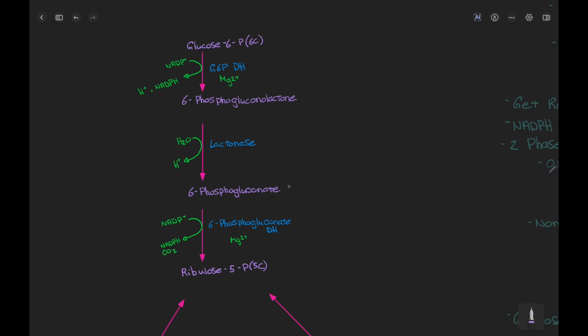To prevent any confusion, some textbooks will say that this is the end of phase 1, while others will say it's when we get to ribose 5-phosphate. This last reaction where we get the ribulose 5-phosphate is the last oxidative reaction in the pathway.